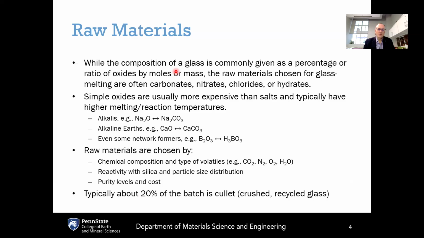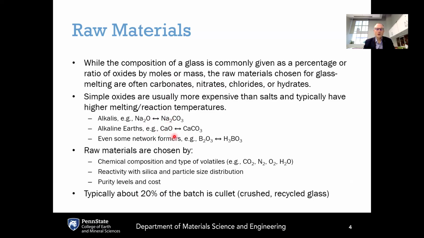Now, some rules of thumb are that simple oxides, especially when it comes to some modifiers, are often more expensive than salts or other compounds. So, for example, instead of batching sodium as sodium oxide, it is normally batched as sodium carbonate because sodium carbonate is much more abundantly available.